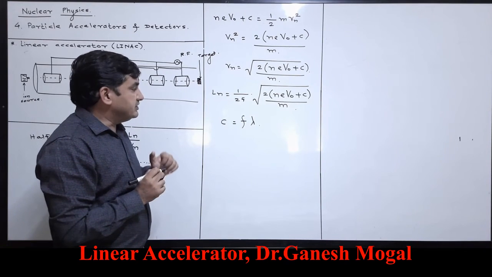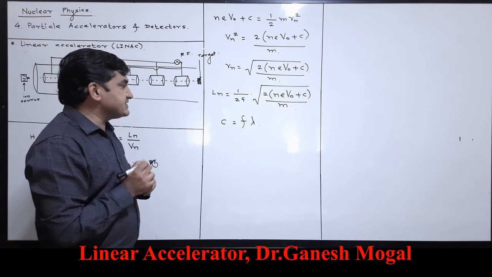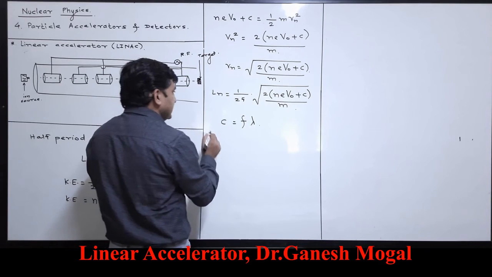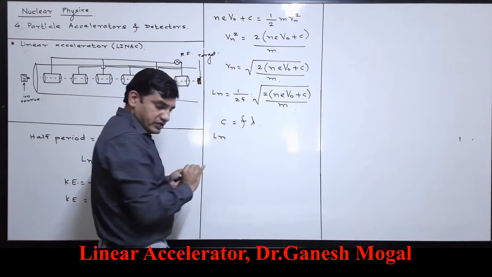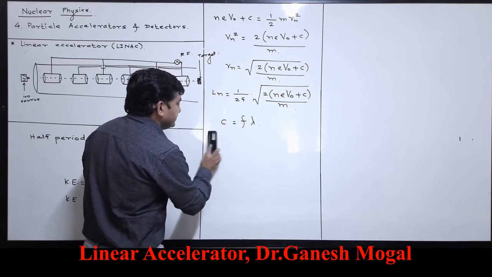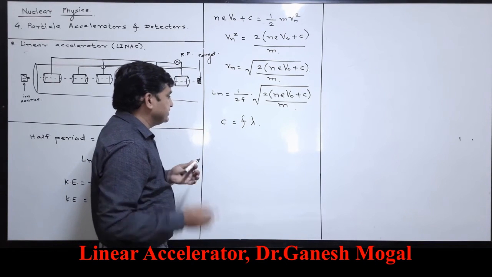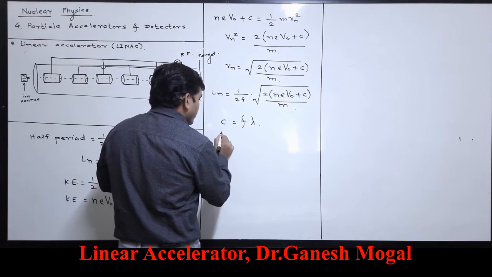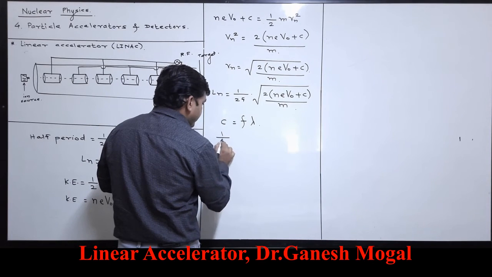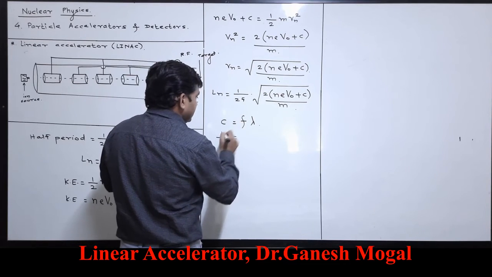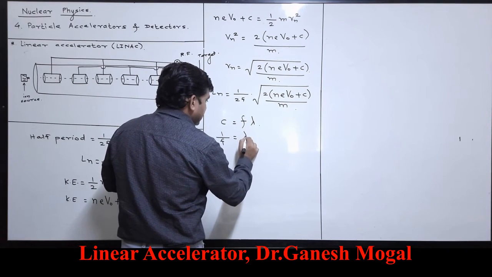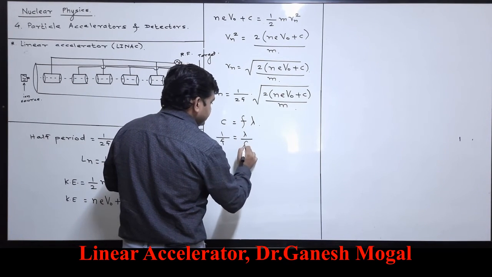Therefore this can also be written as 1 upon f is equal to lambda divided by c.